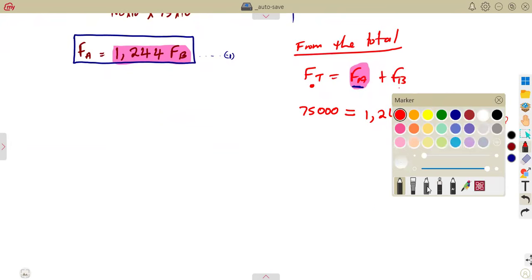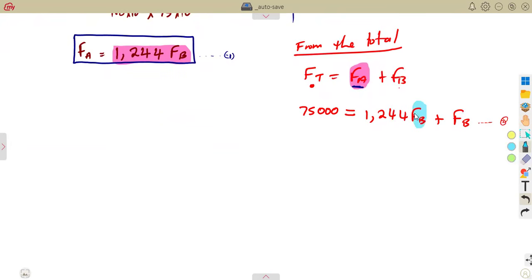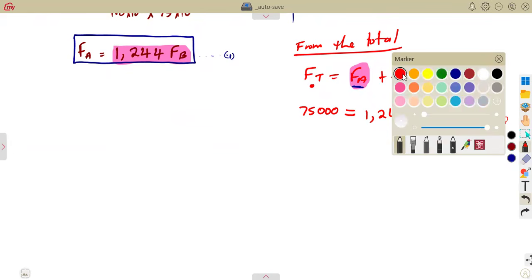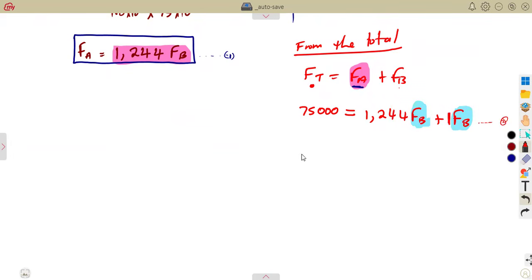There is only one unknown value here to be considered, FB. So with that, you can calculate the value of FB. There's a 1 here, so it was going to be 75,000 is equal to 1,244 plus 1, so 2,244 FB.